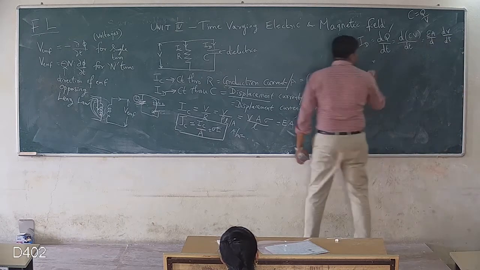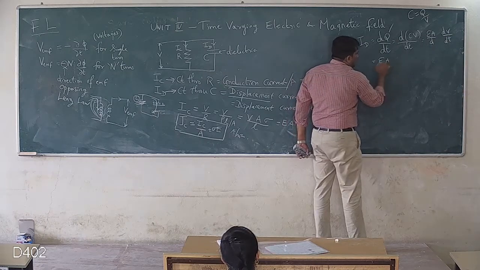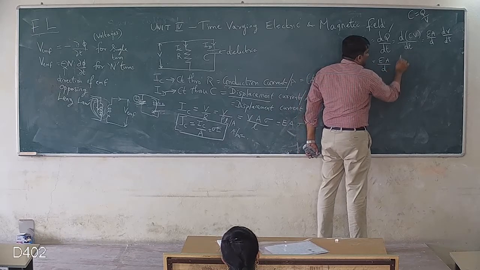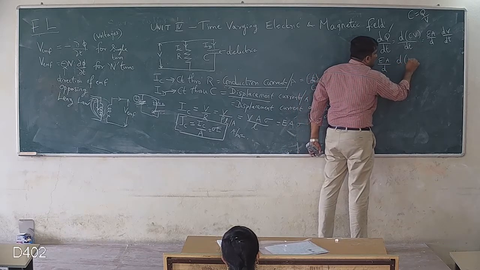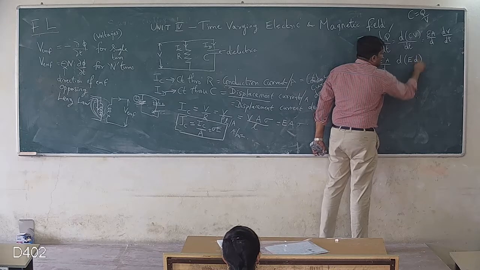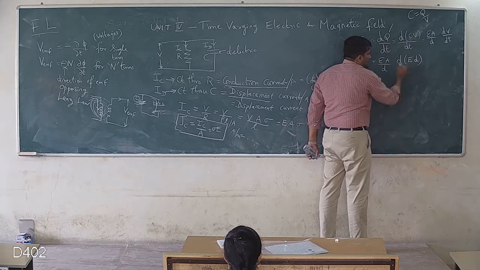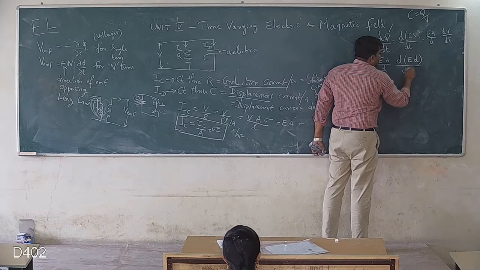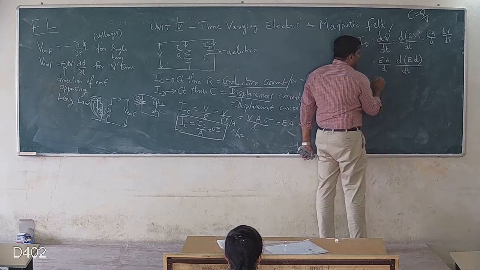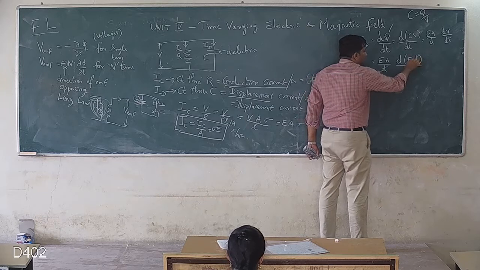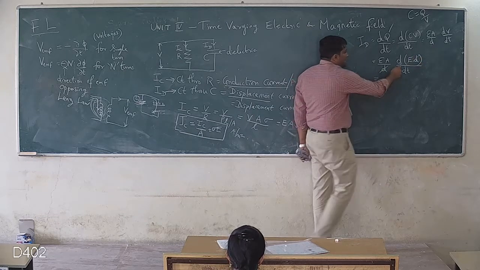Further simplification, epsilon A by D, I can write V in place of E into D. This D is the distance between the plates by dt. It is constant, it is taken outside, and therefore this D will get cancelled. So we will have dE by dt.